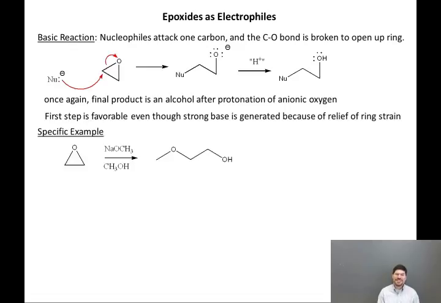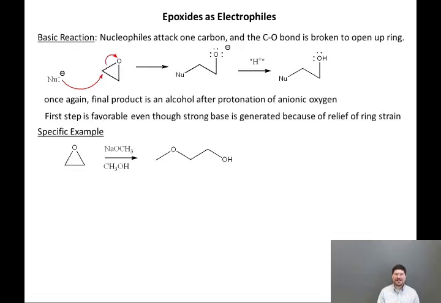Okay, now to a more specific example. The simple epoxide with just 2 carbons, 4 hydrogens, and an oxygen is called ethylene oxide. In reactions that you're going to learn later in the course, you actually make epoxides from alkenes, and this epoxide is made from the alkene ethylene.